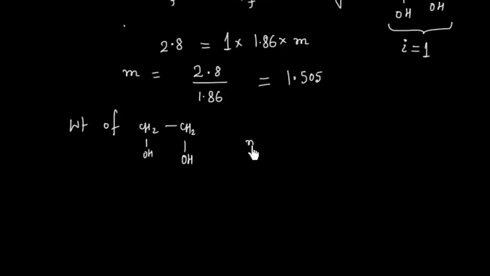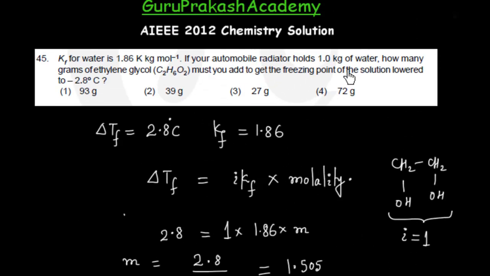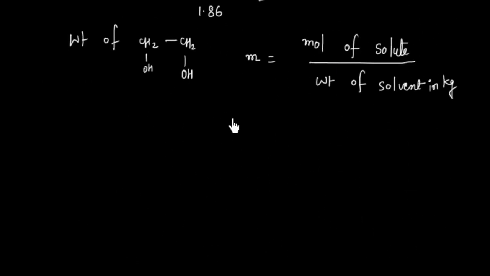Now what is molality? Molality is nothing but moles of solute divided by weight of solvent in kg. And in this case the weight of solvent is given, 1 kg of water, so the weight of solvent is 1, so molality is simply the number of moles of solute.